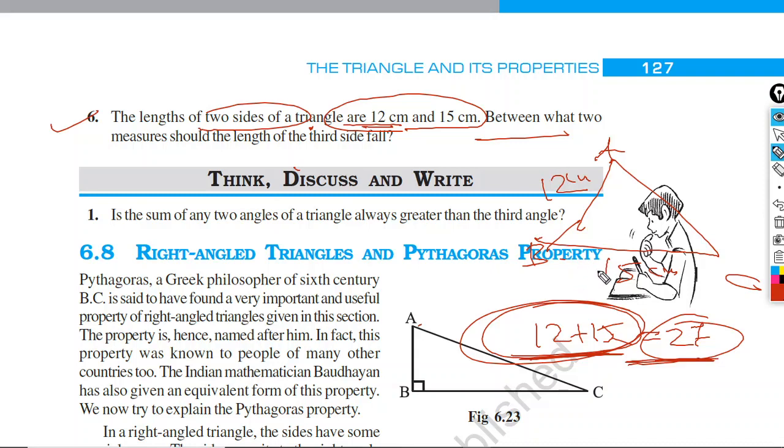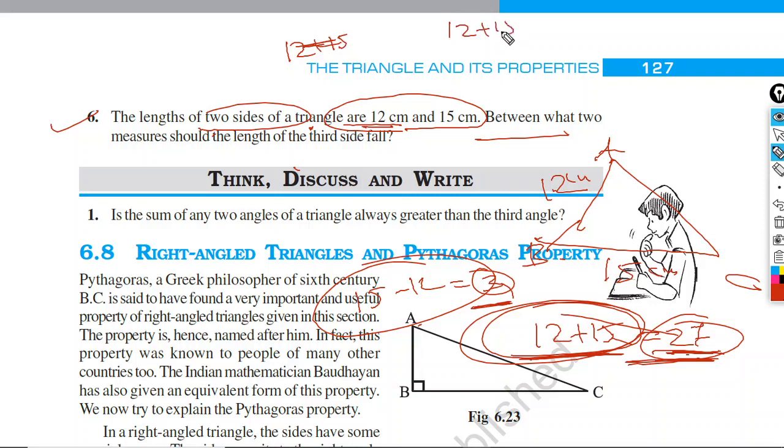And it should be greater than 15 minus 12, that is equal to 3. So it should come within the range of 27 and 3, and the number will not include 27. We will write: the third side should fall between 12 plus 15 equal to 27 and 15 minus 12 equal to 3.